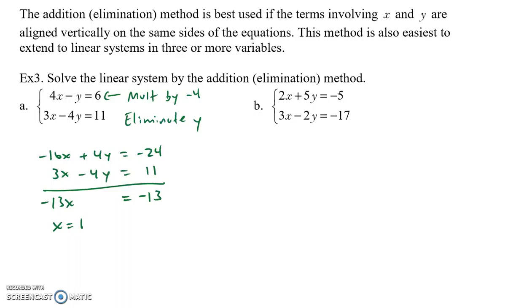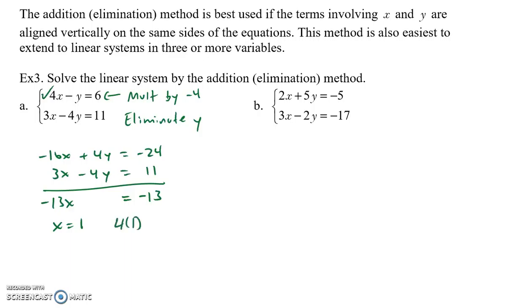What we need to do then is just choose one of the two equations in our system, substitute in x equals 1, and then solve for y. Why don't we just use the first equation? And let's just use its original form, 4x minus y equals 6.